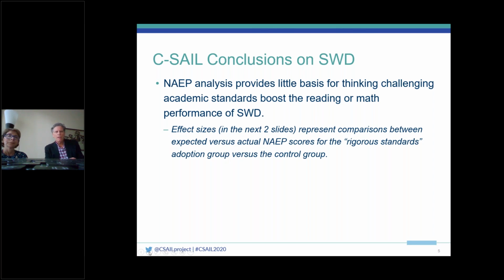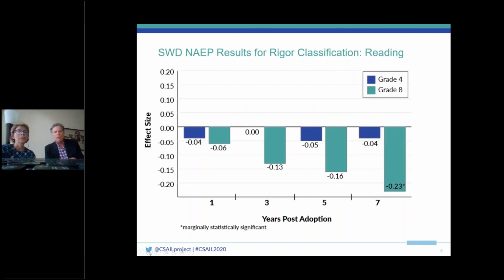Okay, next slide. So with that as background, what you see, this bar chart, the y-axis is effect sizes, the x-axis is number of years post-adoption. Again, adoption 2010 for the treatment group of states.